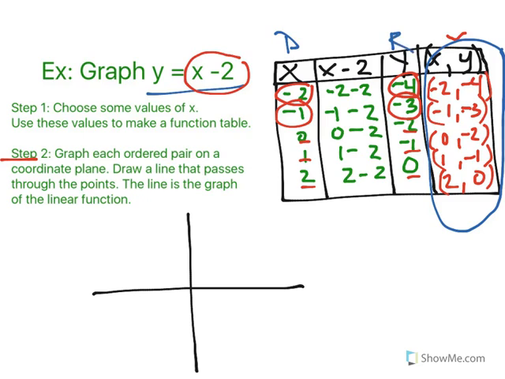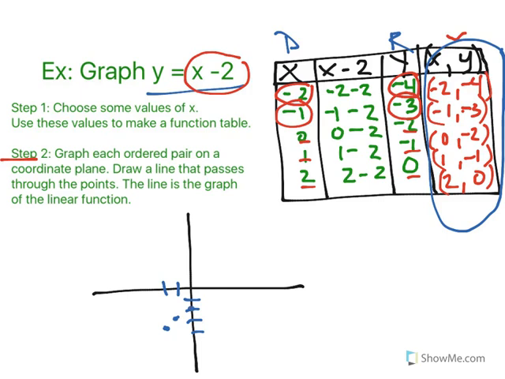So -2, -4. Again, this is just a freehand drawing. You do the best you can to be as accurate as you can. So you have -1, -3, so it's going to be right there. 0, -2 is going to be right here.